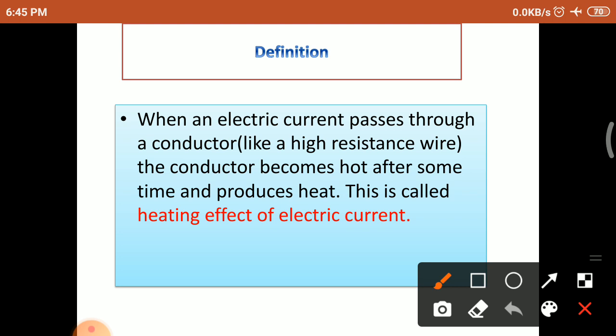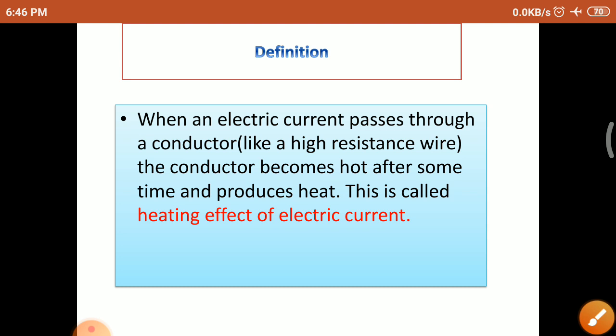When an electric current passes through a conductor like a high resistance wire, the conductor becomes hot after some time and produces heat. So this is called heating effect of electric current.